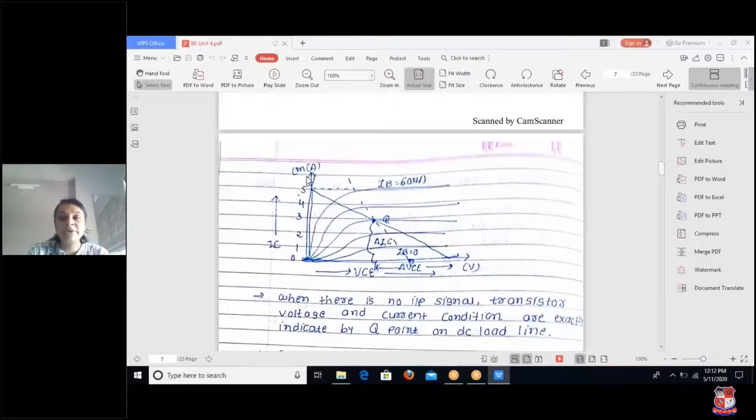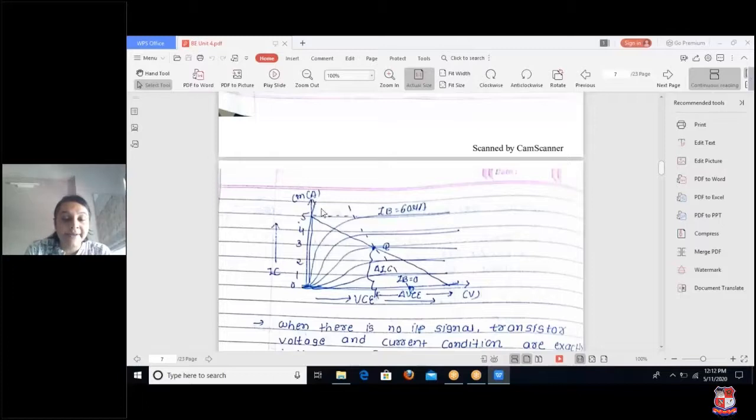What are output characteristics? Output characteristics are always the output current versus output voltage. For different constant IB values, input values, we find different graphs, as shown in the figure.